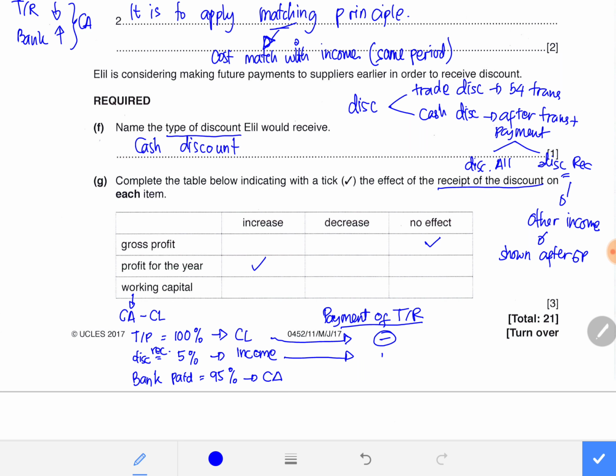Income will increase because there is a discount received. Now, how about bank paid? Your bank paid is also decreased because money is reduced, right?